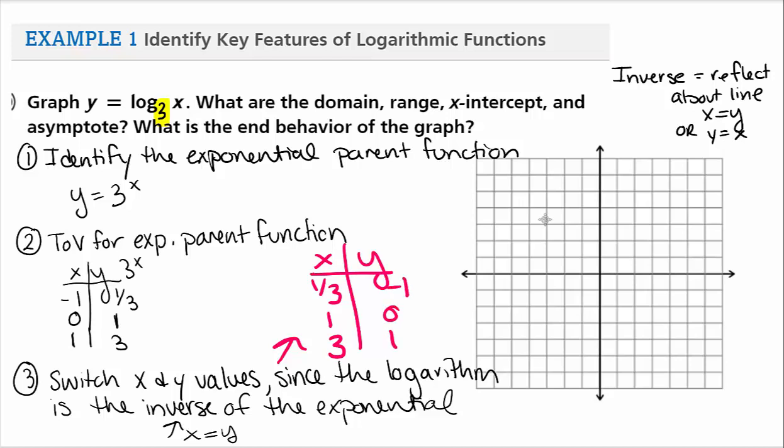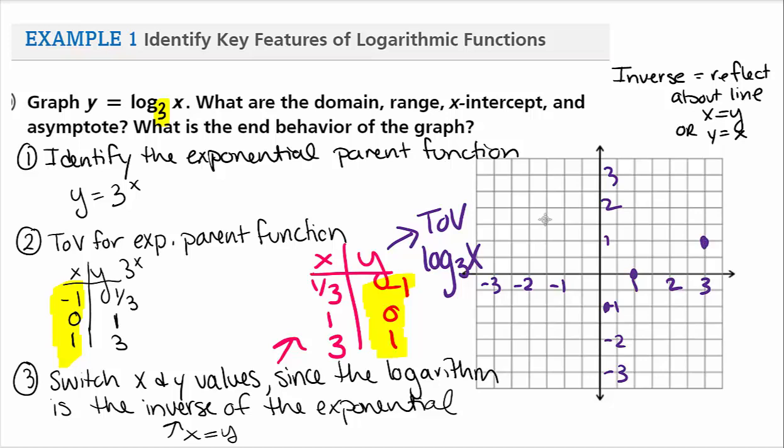So notice that the original x's became the new y's and the original y's became the new x's. So this is our table of values for the logarithm base 3 of x. We're going to plot these numbers. So we get 1/3 and -1, 1 and 0, and 3, 1.